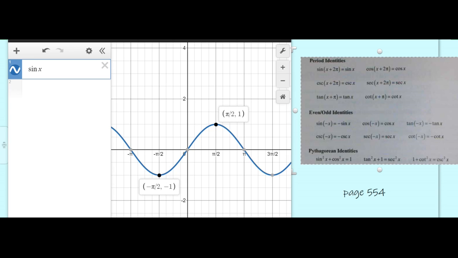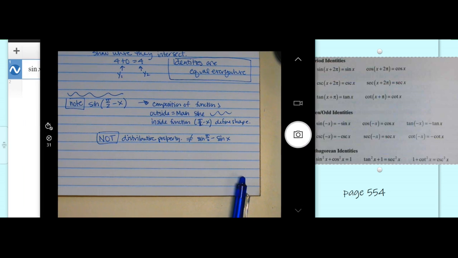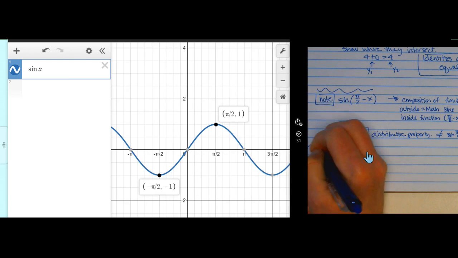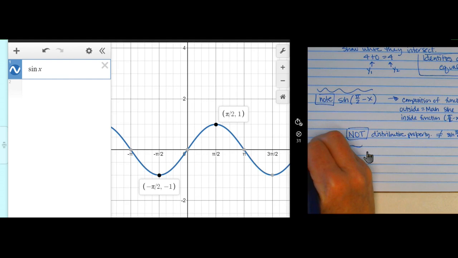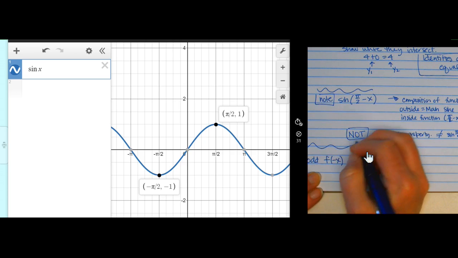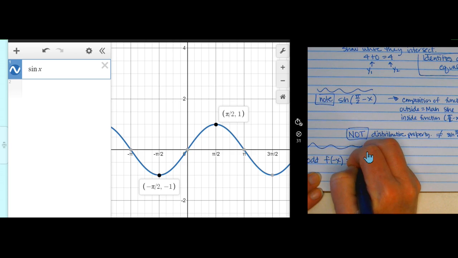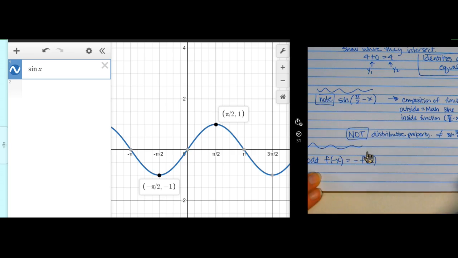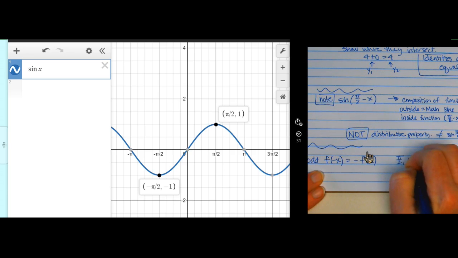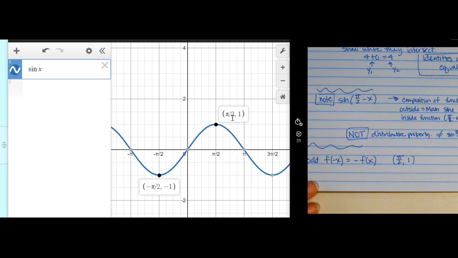And this is a rule that we wrote down for odd and even functions. Odd functions say that f of negative x equals negative f of x. So in this case, if I plug in pi over 2 and get 1 as a point, here it is, pi over 2 gives me 1.